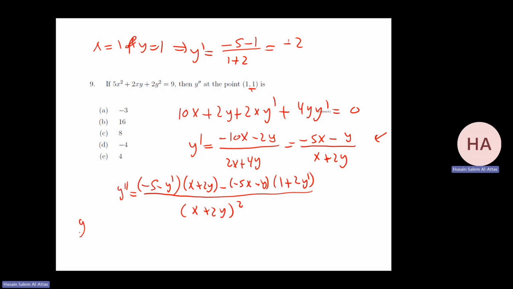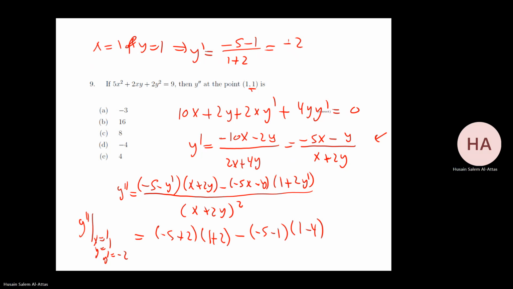So, y double prime at x equals 1, y equals 1, and y prime equals minus 2. Do it now. So I have minus 5 plus 2, this is 1 plus 2. Let me do it in steps. 1 plus 2 minus 5 minus 1, 1 minus 4, because y prime is minus 2, over 1 plus 2 square.